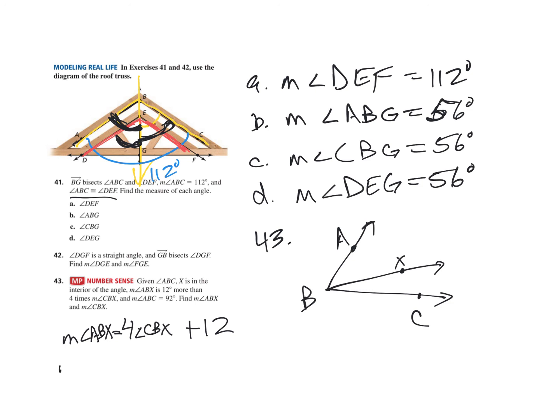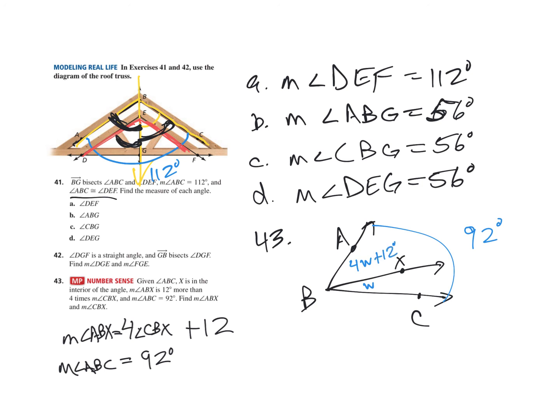Then it says the measure of angle ABC, the big angle, is 92 degrees. So the big angle is 92. We're going to call this angle W here. ABX is 4 times that angle and 12 degrees more than that.